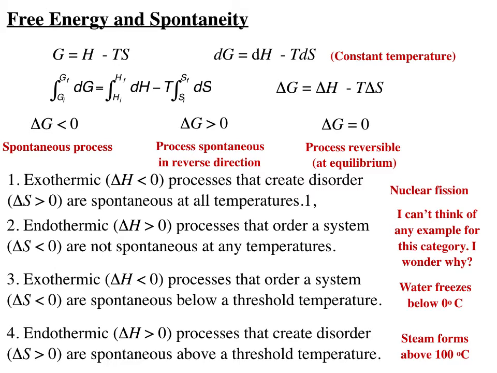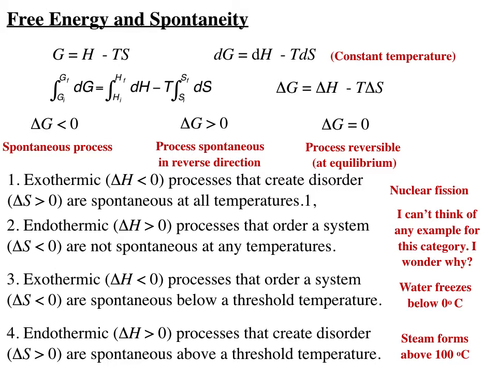So then we can collectively look at how processes will influence the sign of delta G. If you have an exothermic process that is creating disorder in the system, then my delta H term is negative and my minus T delta S term is also negative, so these are always going to be spontaneous. An example is nuclear decay. These are exothermic things which are breaking nuclei apart. They are completely temperature independent. They occur no matter what the temperature of the situation happens to be.